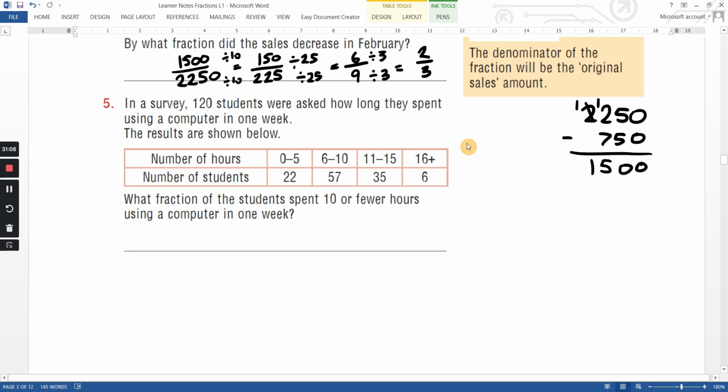Question 5. In a survey, 120 students were asked how long they spent using a computer in 1 week. The results are shown below. Okay, so we've got number of hours, and we've got number of students. What fraction of the students spent 10 or fewer hours using a computer in 1 week? So it has to be 10 or less.